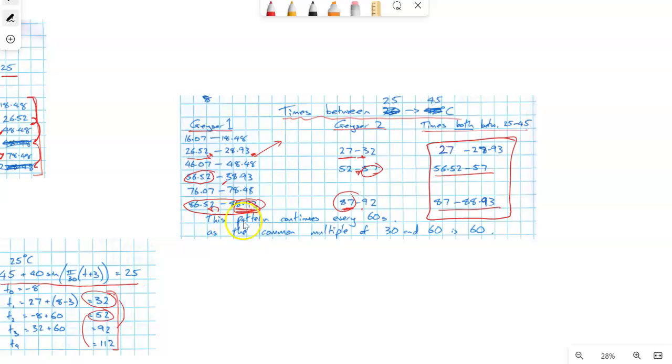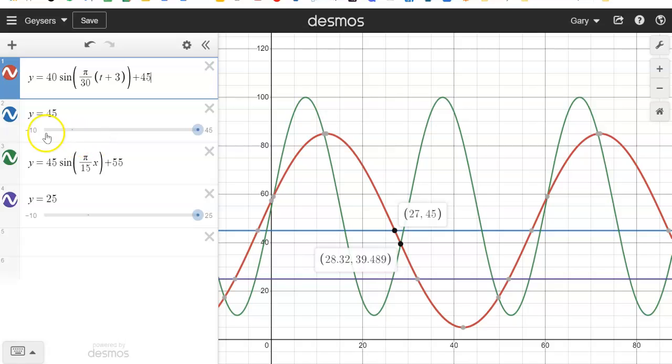Now, why does this pattern continue every 60 seconds? Let's have a look and remember that this one here has a period of 30 and this one here has a period of 60, right? So every 60 seconds this pattern of these two is going to repeat. Because let's look here.